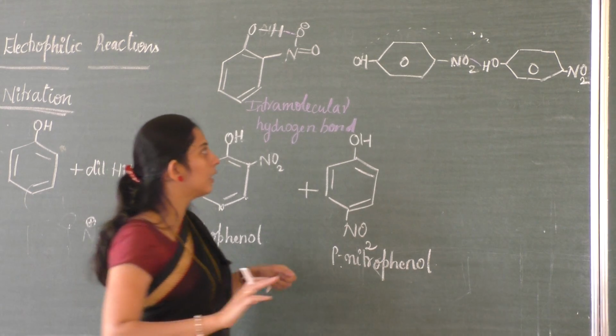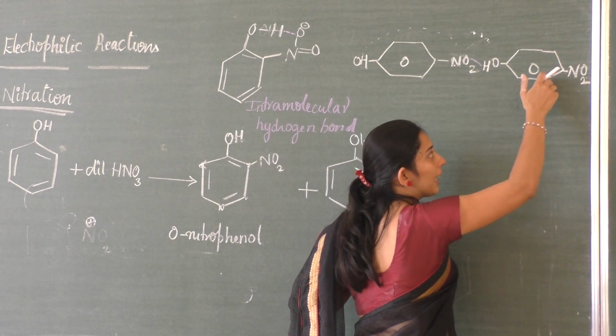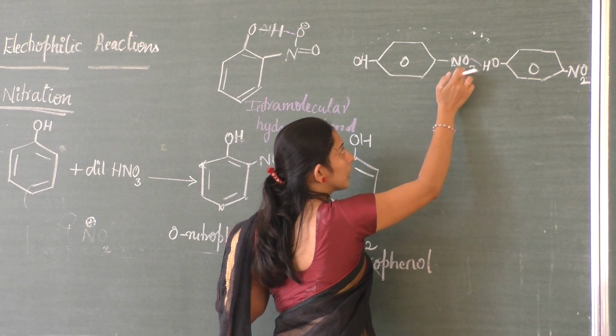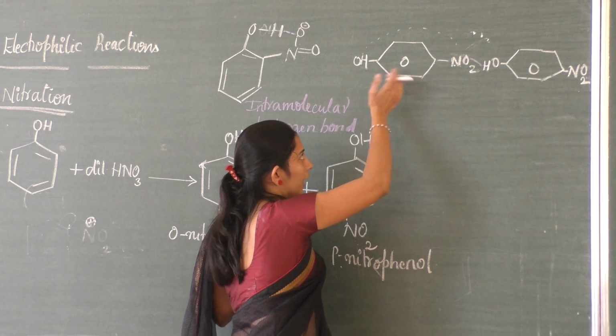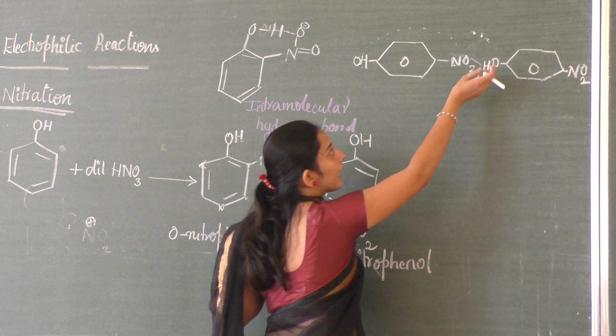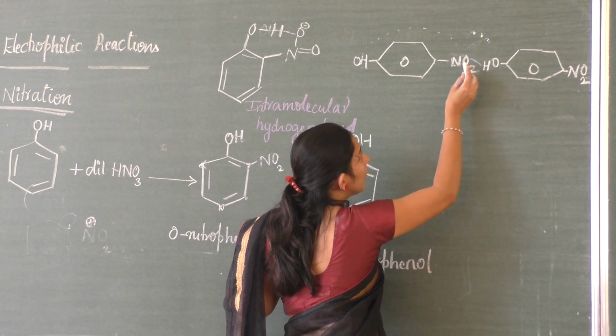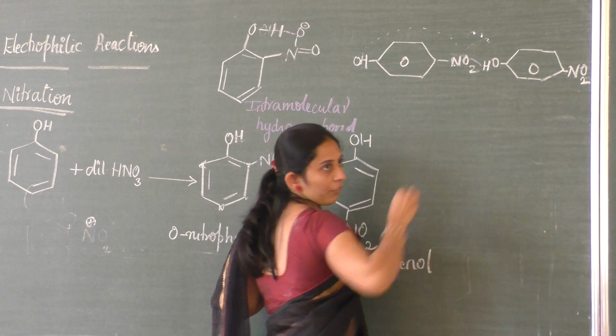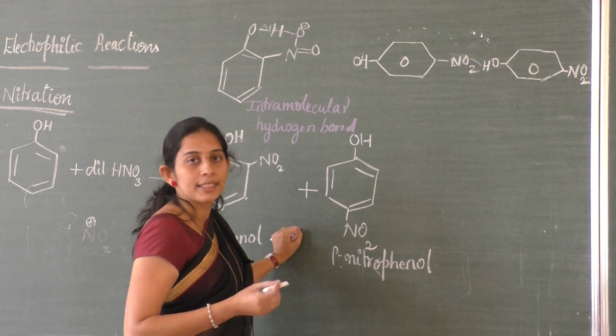So what happens then, another molecule will be nearby. The hydrogen and the oxygen of another nitrophenol will combine, or attractive force is observed between the oxygen and the hydrogen of the other nitrophenol. So bonding takes place there.